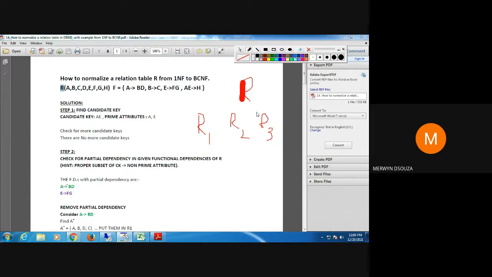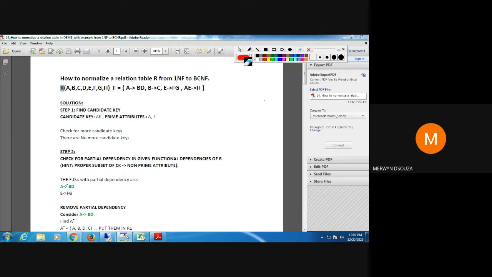Henceforth we are not going to consider R. We are going to consider these three sub relations and check whether the normal forms from 1NF to BCNF hold.